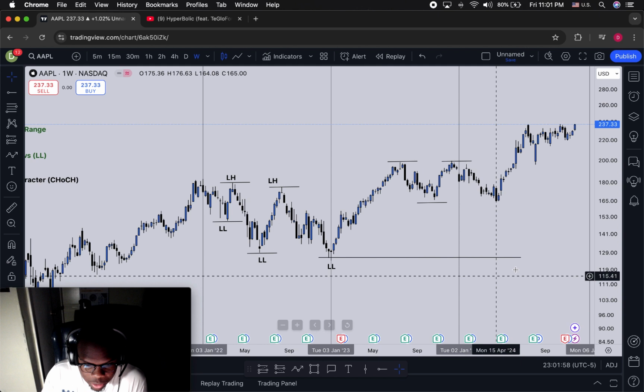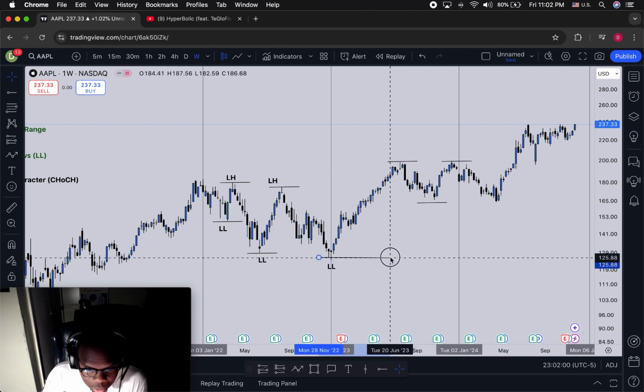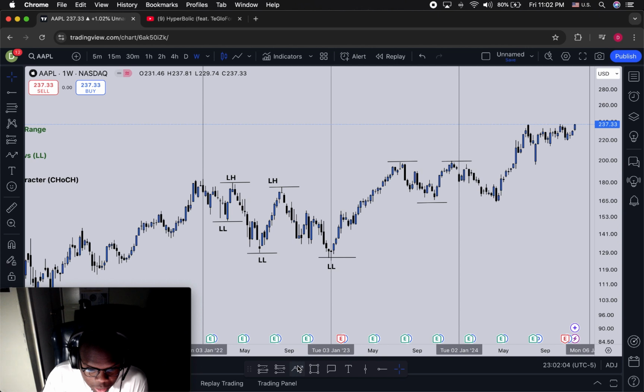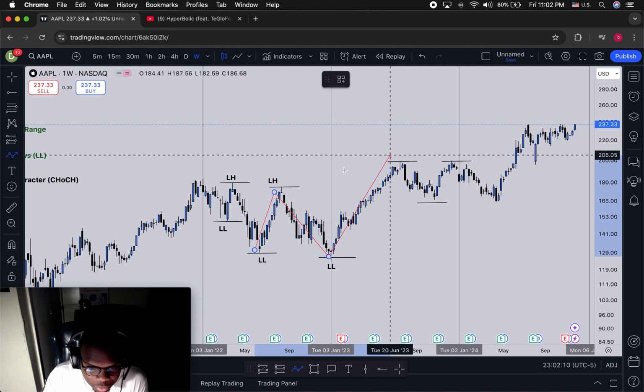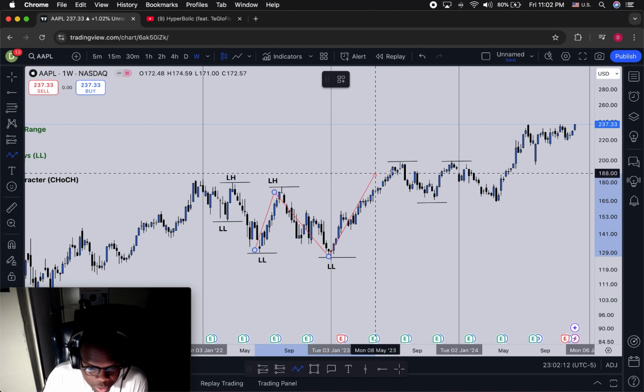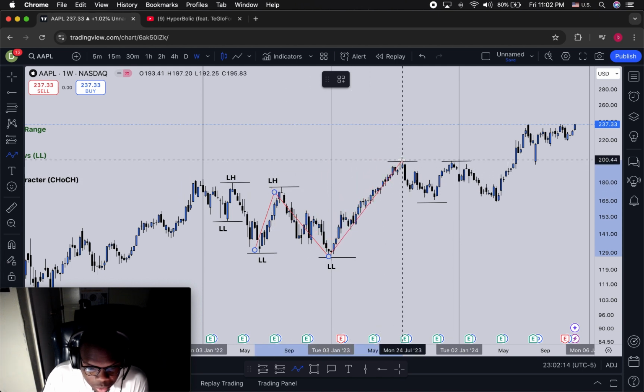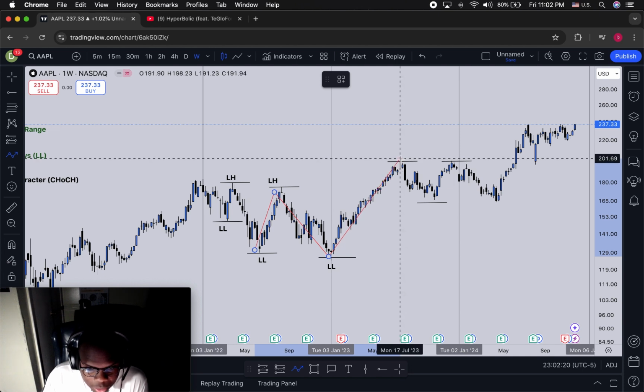What happened was price did this and it broke above this lower high point. At that point, this is now a higher high.